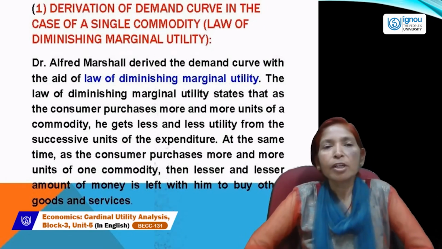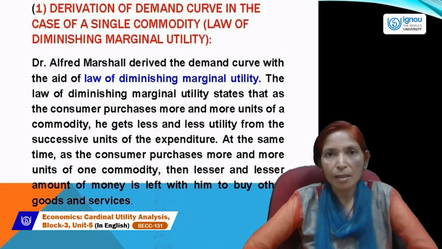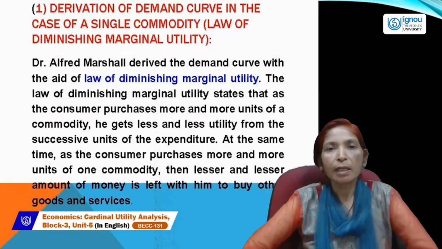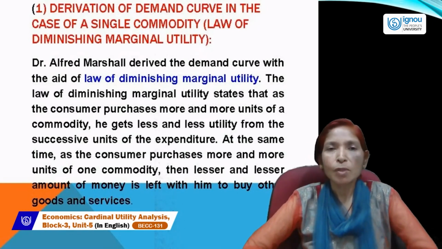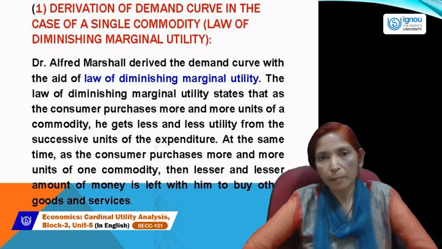The law of diminishing marginal utility is also known as the first law of Gossen, because generally this law is propounded by Dr. Marshall, but this law was also explained by Gossen. That's why it is also known as Gossen's first law, which is applicable only in the case of a single commodity.